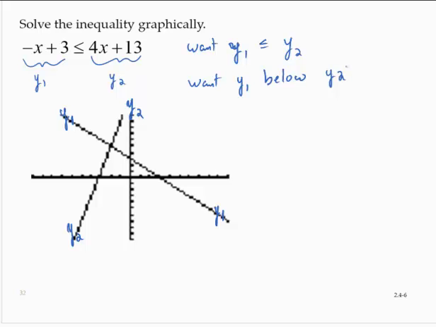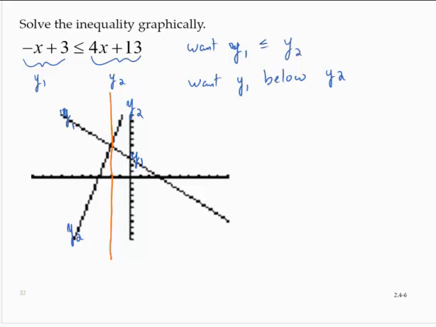So I ask, on which side is the y1 below the y2? And maybe I can move this y1 over here along the line. So if I sort of think of a boundary, here's a boundary. Where is the y1 below the y2?